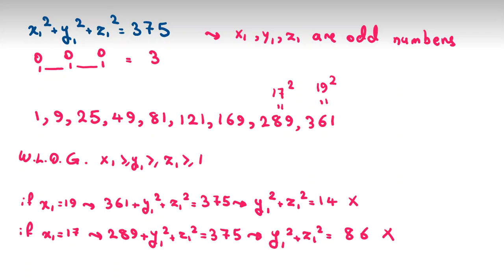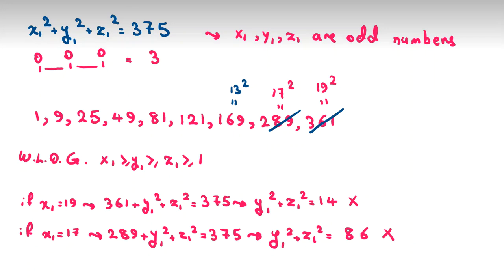So we can't have the maximum one. Cannot be this, cannot be this. Let's start from here. Now we need to only check 13 squared. Why? Because if the maximum one is 11, if all of them are 11 squared, it will be 363. Won't reach the 375.